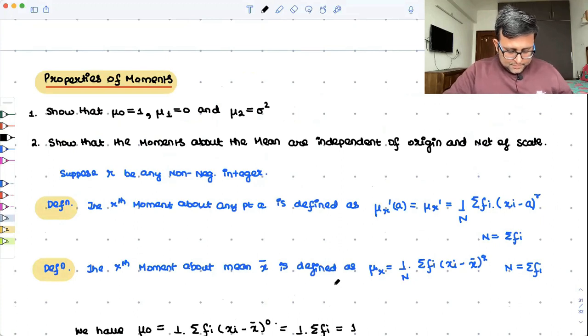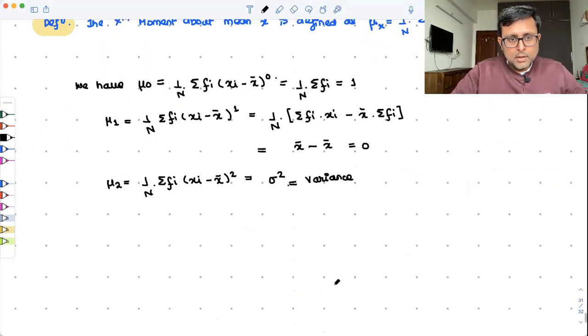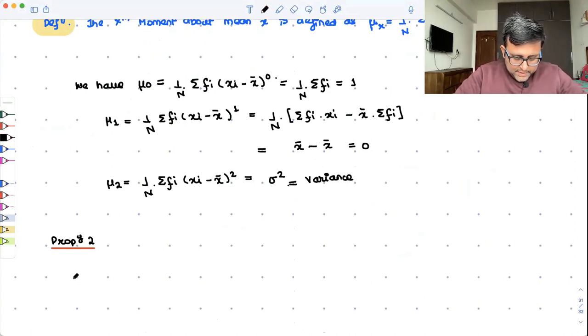The second property is: show that the moments about mean are independent of origin, but not of scale, right? Property 2. So let me write the rth moment about mean.